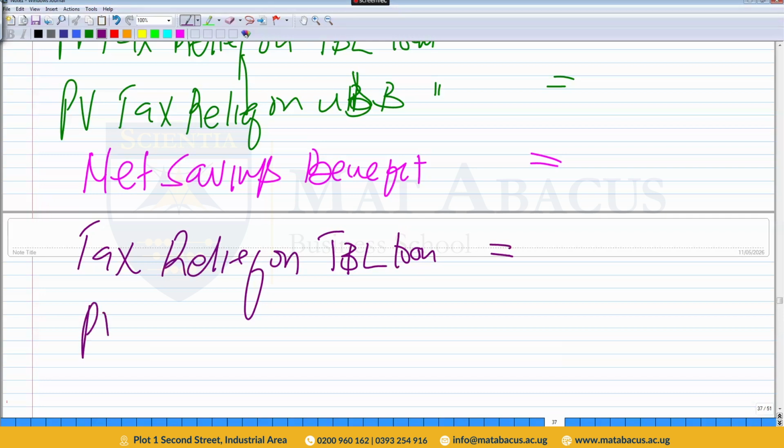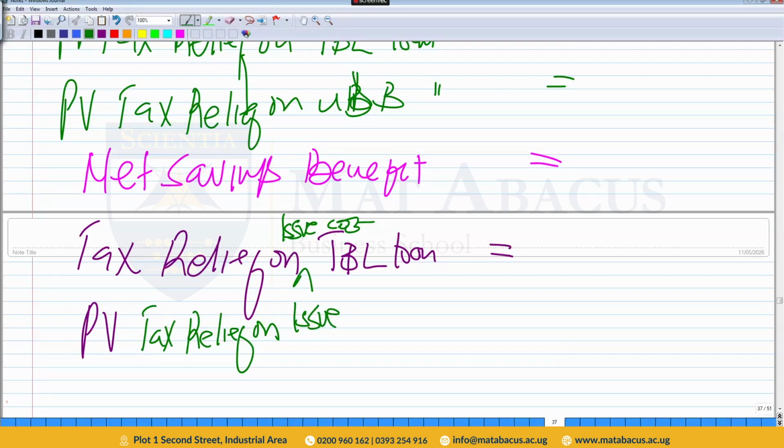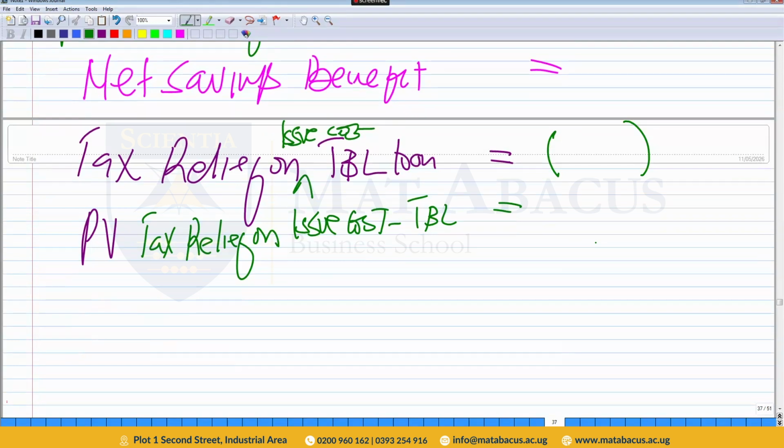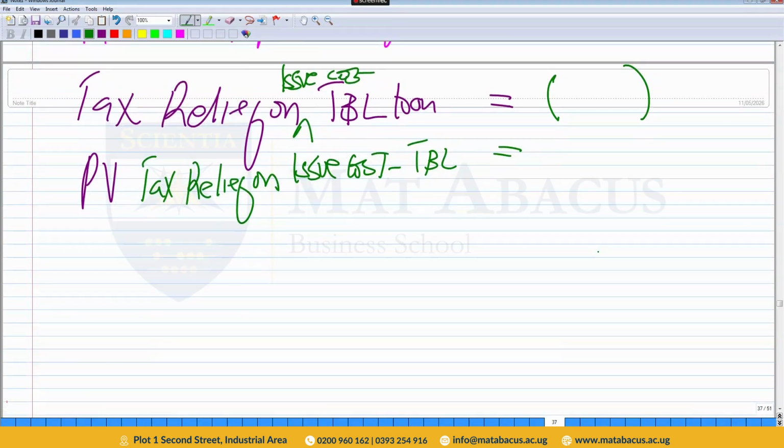Then that's when you bring the present value of the tax relief on issue cost, specifically TBL. Please note, issue cost is a negative figure, but the tax relief will be a positive figure.